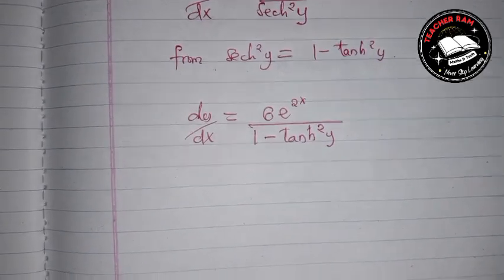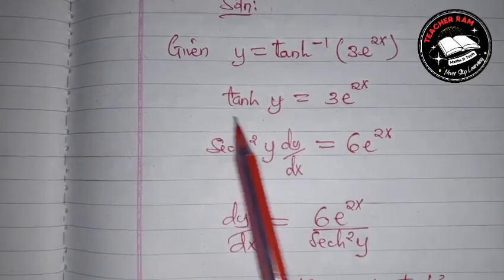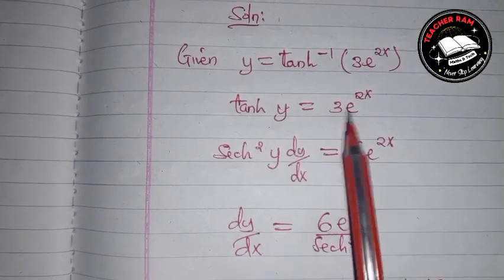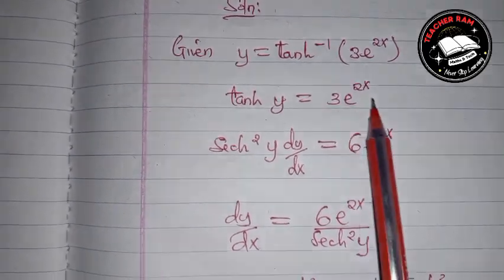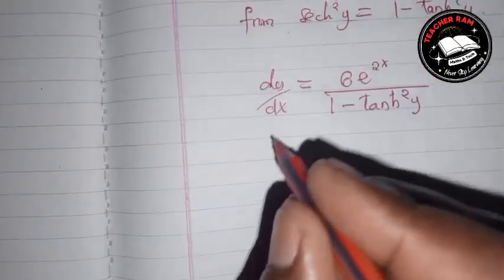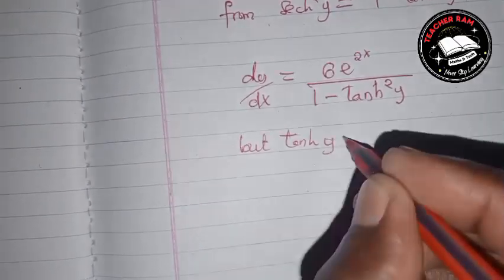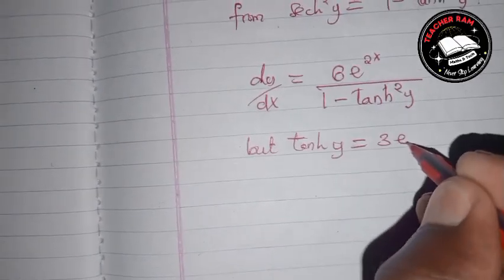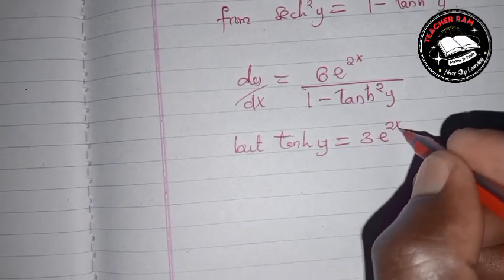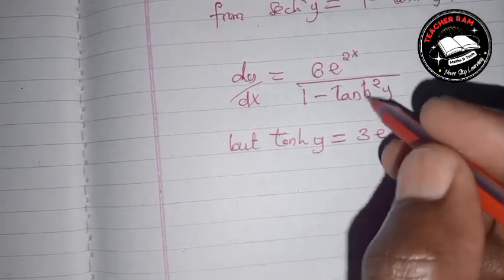But remember that we have from above that tanh y is equal to 3e power 2x. So we are going to substitute 3e power 2x in place of tanh y.